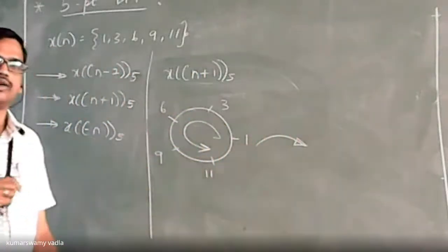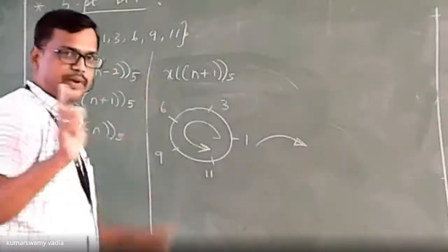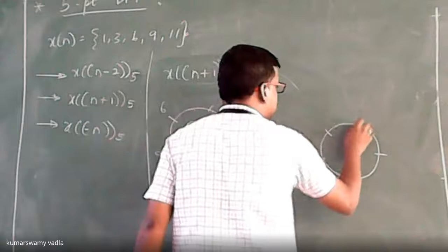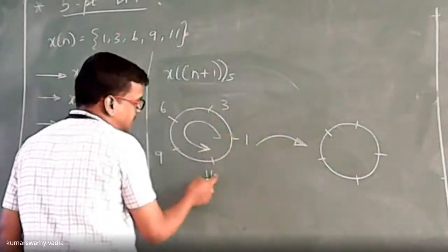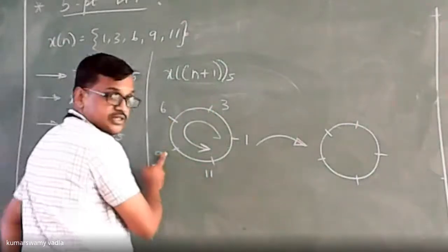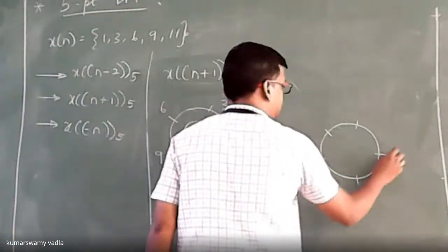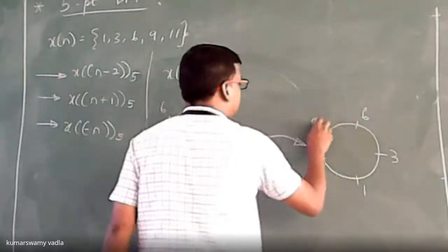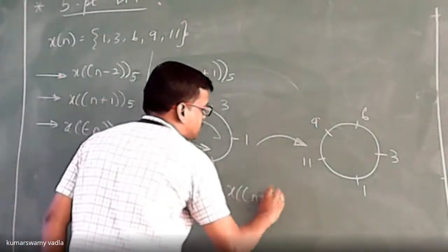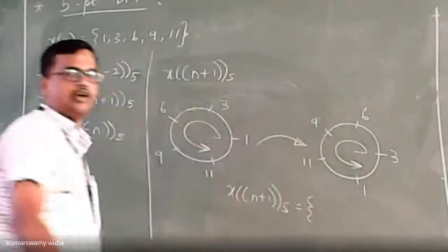Rotate this clockwise or anti-clockwise, students? Clockwise, sir. Clockwise by one place. So this is found to be like this. Clockwise by 1 means 1 comes here, 3 comes here, 6 comes here, 9 comes here, 11 comes here. Finally, while writing down the answer, x of n plus 1 of 5 is equal to, you should represent in anti-clockwise.